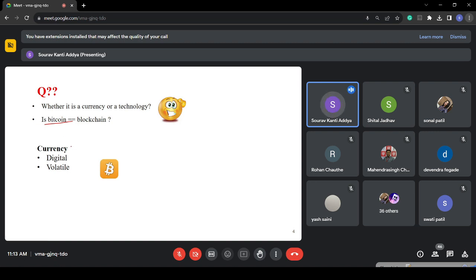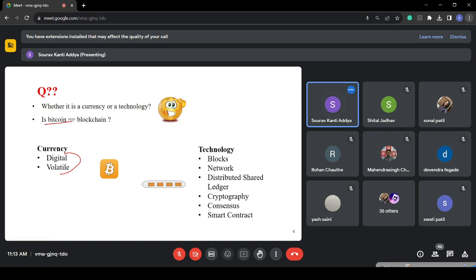As it is a currency, it has the properties that all other currencies have. But blockchain is not a currency. Blockchain is a technology, and it has its own properties like blocks, network, distributed shared ledger, cryptography, consensus, and smart contract. These are a few of the elements we have in blockchain.